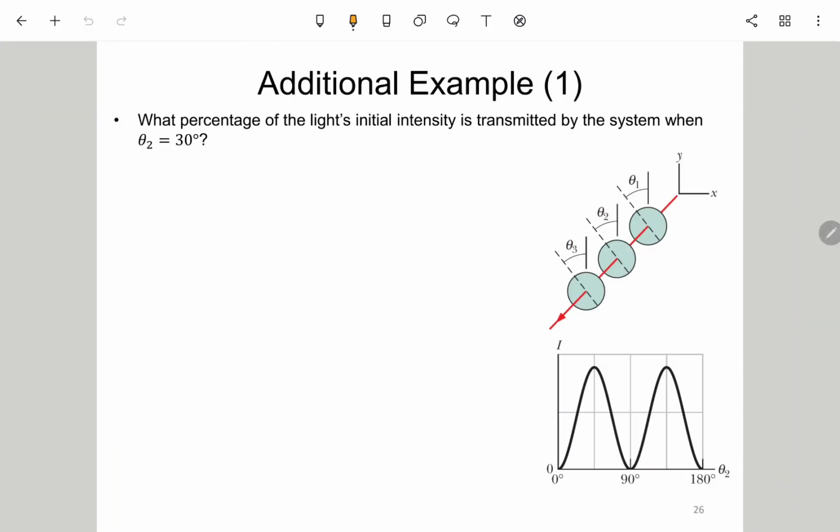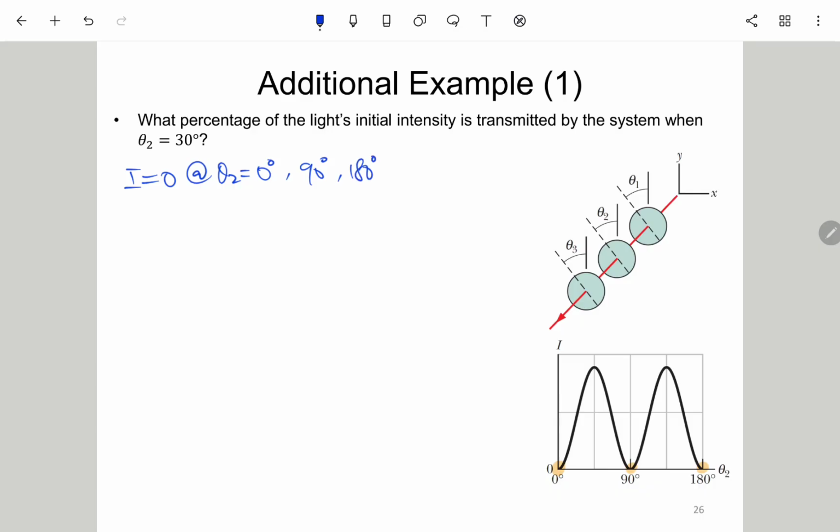So we should be able to observe a bit. Of course, we can easily see that this one is 0, this one is also 0, this one is also 0. The idea here is we observe that I is equal to 0 at theta 2 equals 0 degree, 90 degree, and 180 degree.